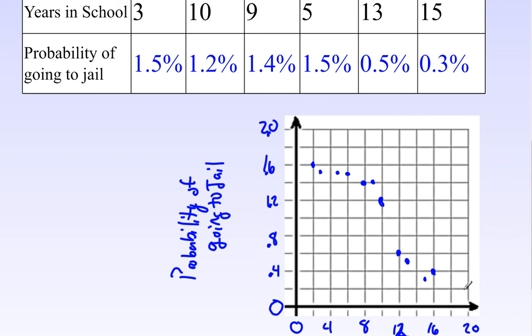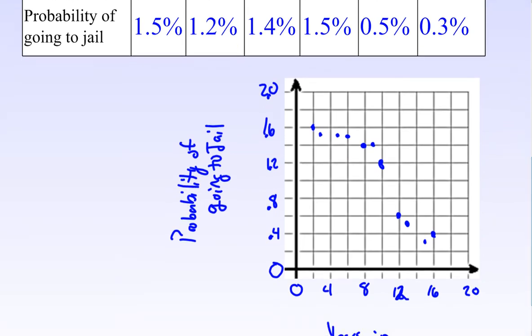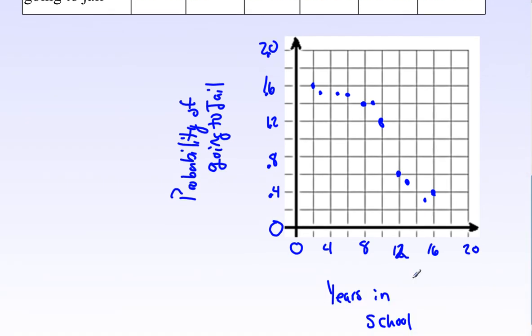All right. So now we have this data plotted. My first question to you, I know there's some other questions we're going to ask here in a second, but my first question is, just looking at this data, does there appear to be a relationship between the amount of time a person goes to school and their probability of going to jail at some point in their life.